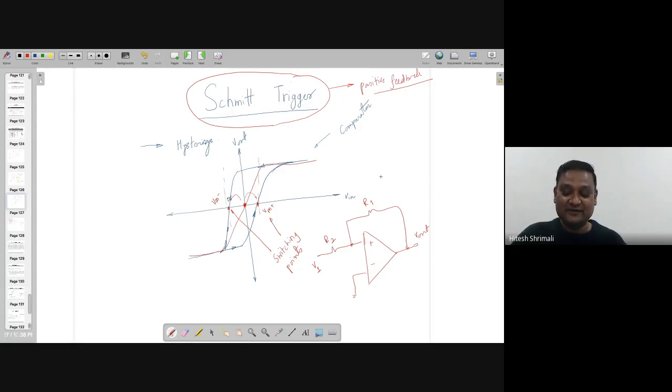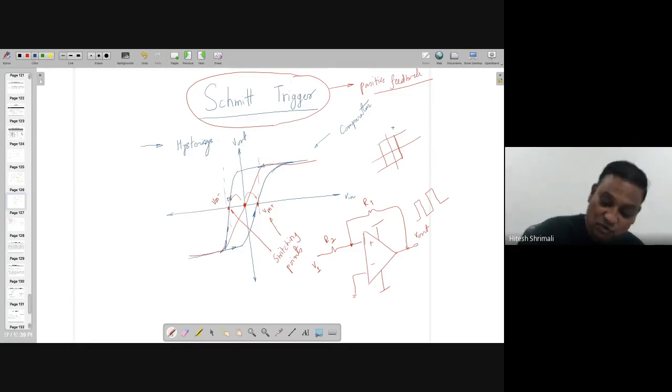The output is actually going to be either logic 1 or logic 0, or you can say it's going to be rail to rail, because of its positive feedback. Inherently this entire scheme is going to make sure it has this kind of characteristic, and you are designing these 2 points where it's going to flip the value.